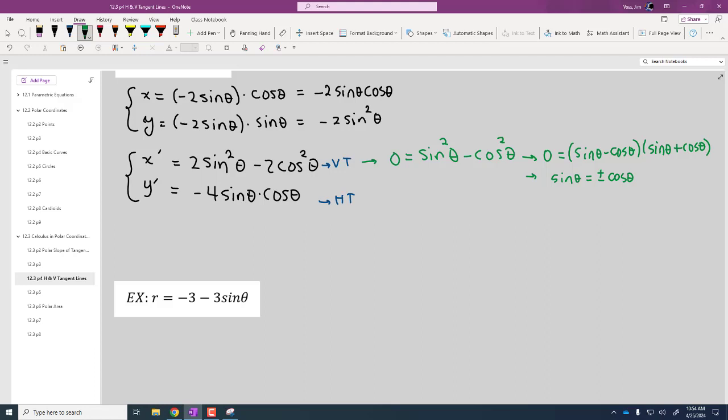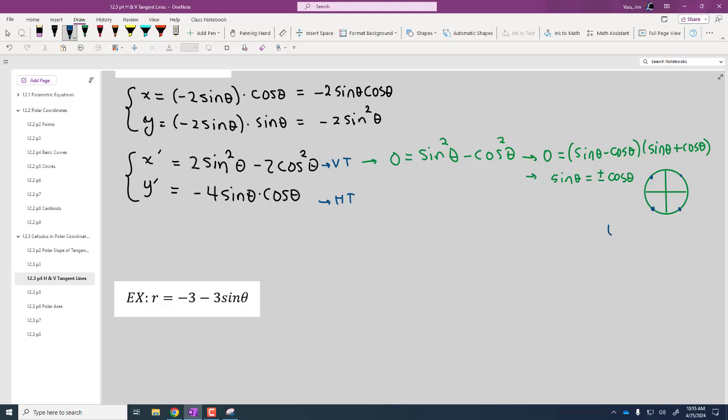That's the only way we're going to get 0. So when we think about the unit circle, for sine to be equal to plus or minus cosine, where does that put us angle-wise? Diagonal. So it's going to put us at multiples of pi over 4 that are in these places, right? Those are the 4 places where sine and cosine are either equal or opposites of each other.